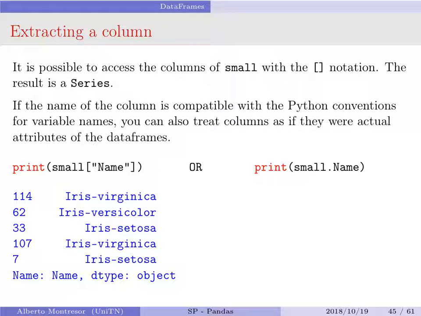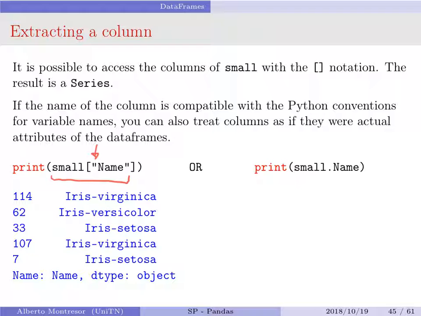Okay, now I have small, and why do I need small? Because I can reason on it on the slides. So this is much simpler than the entire dataset that I cannot really print. And so the idea now is that, now that I have small, I can print all the values in the column name.